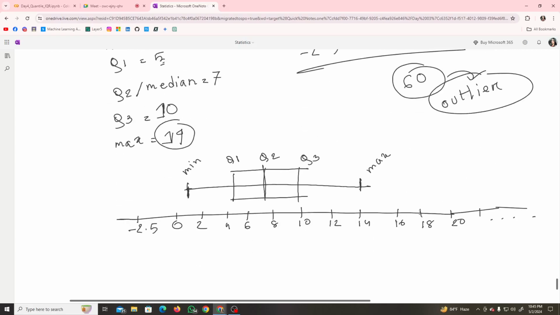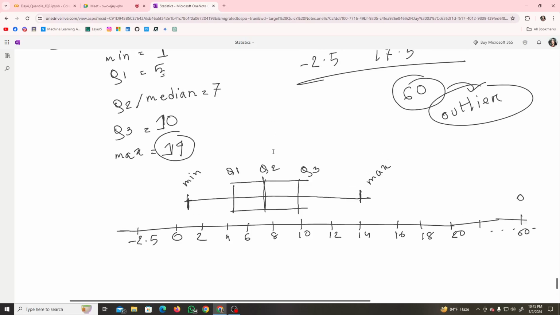In your code, the graph will be something like that. You will get this, and then for the 60, you will get a value. Not multiple, only one value, because there is only one outlier in this case.